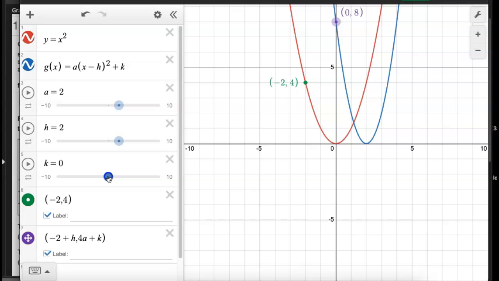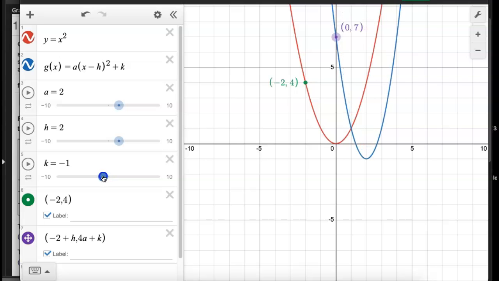And then the last thing that happened was we shifted it down 1 unit. And you saw what changed there as you were shifting down was the y coordinate. So I'm going to include this file in with the video description so you can play around with it to see how that one particular point is changing from the original to the transformed function.